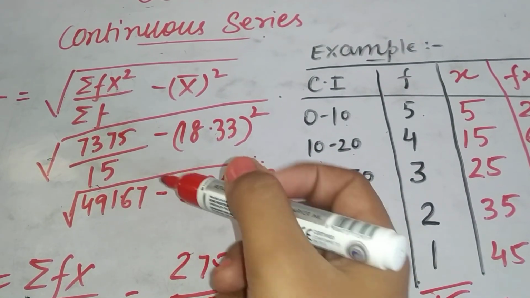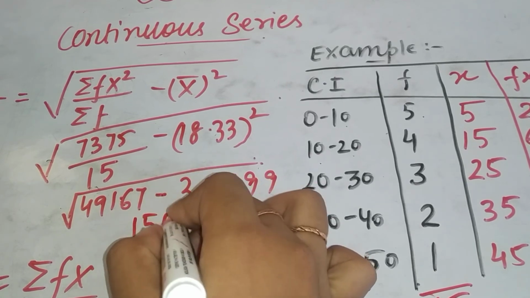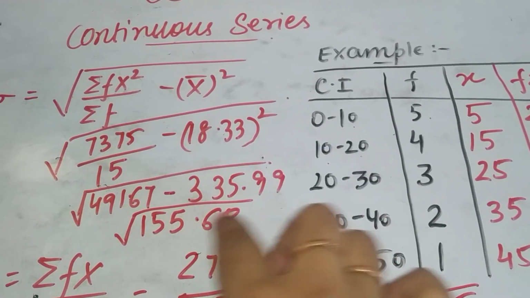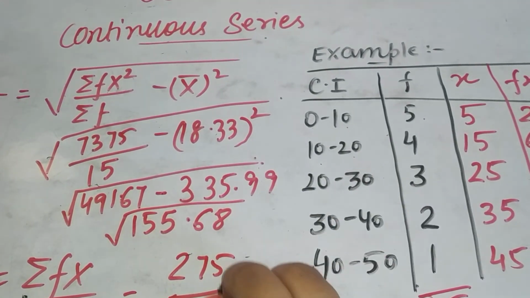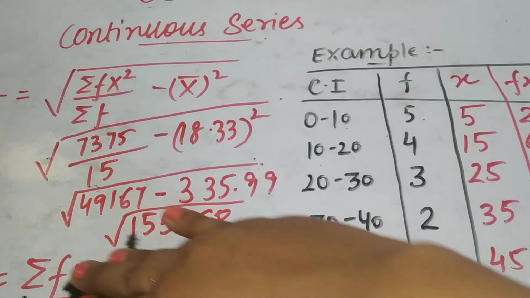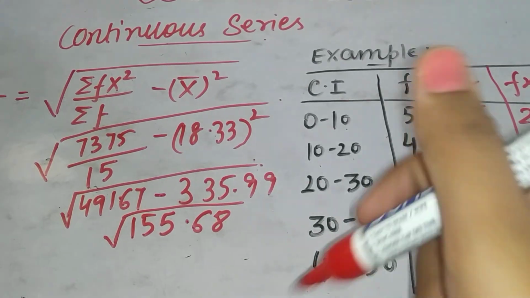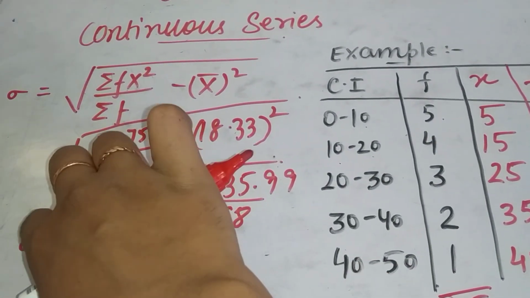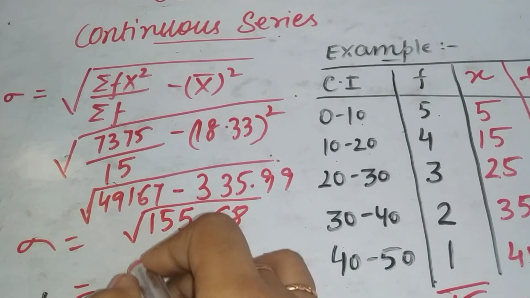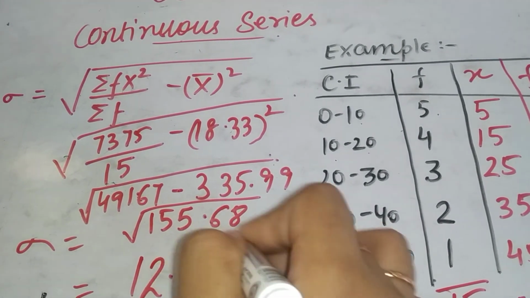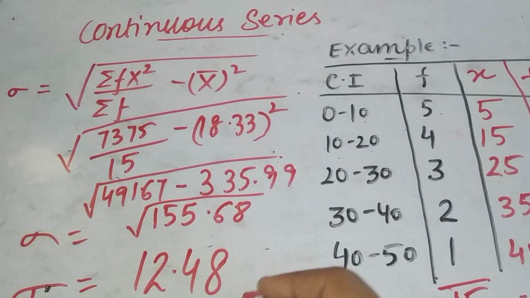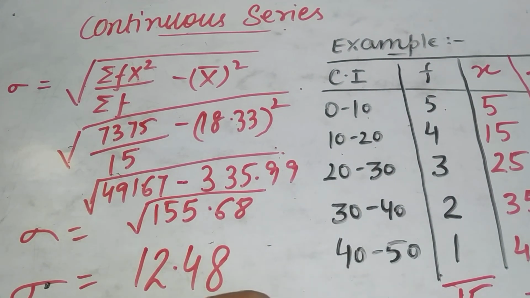Subtract these values, we get 155.68. Now we take the square root of this particular value, and we get the desired result. So this will be 12.48. Okay, the value for standard deviation in this case will be 12.48.